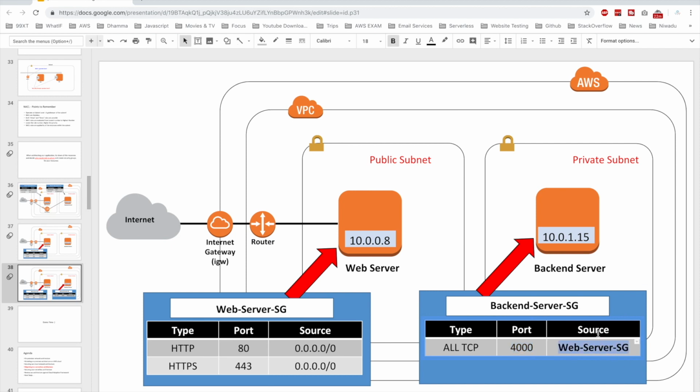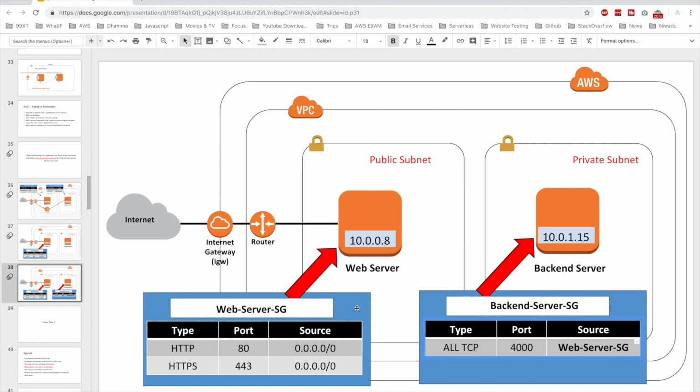So that is what this web server security group label means. So when you define a security group name, instead of an IP address or an IP address range, AWS will make sure to apply this rule to any resources that have this security group attached. So in this case, the web server security group is attached to the web server instance. So when the web server is trying to talk to the backend server, this rule will be evaluated.